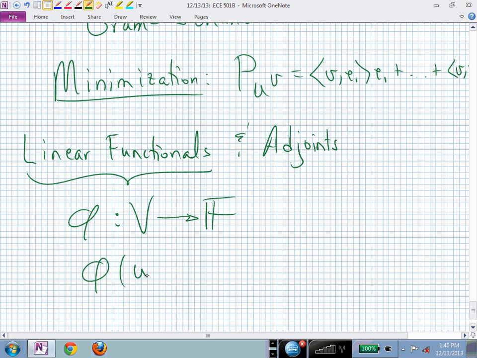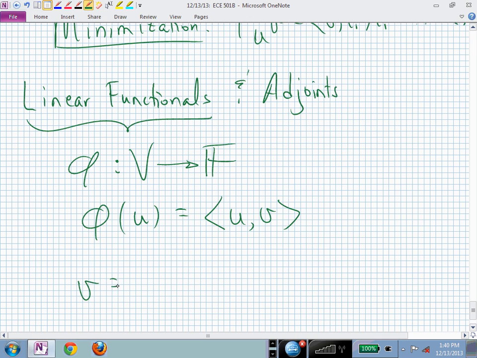We can say that phi operating on u is the same as u inner product with a vector v, where v is formed from applying this linear functional to each one of the orthonormal basis vectors of capital V, and then using that as a weighting on each of these directions, or orthonormal basis vectors.